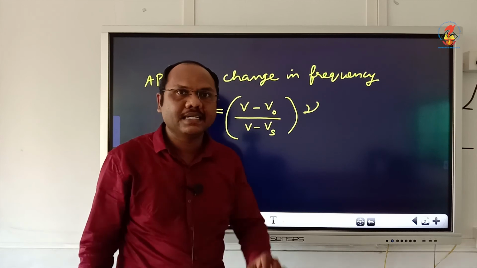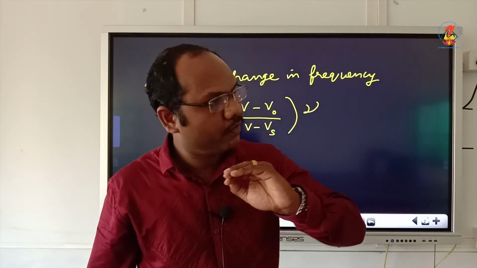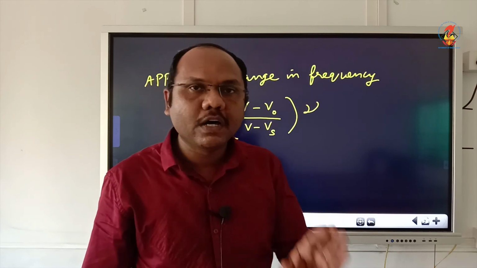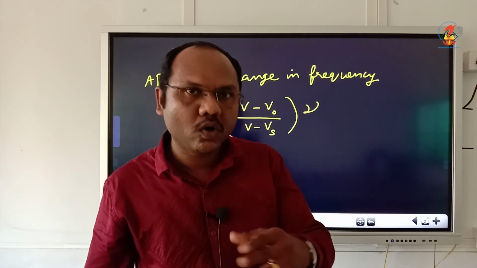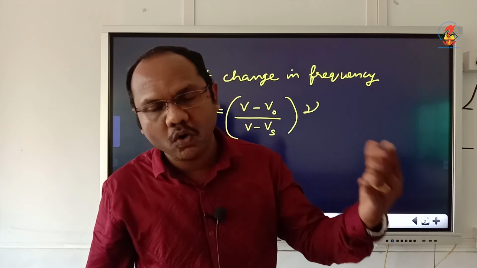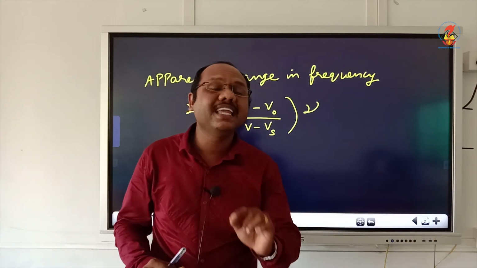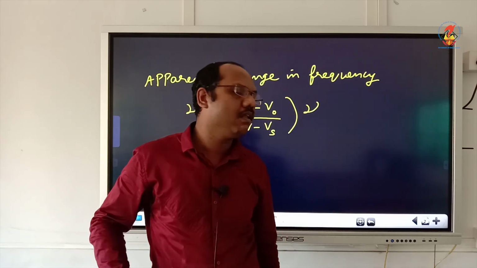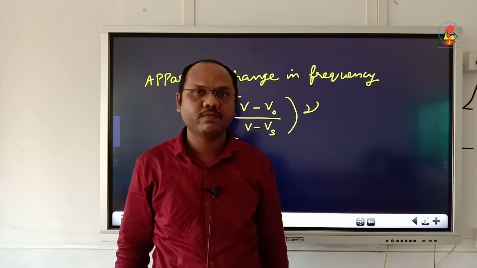We always take the direction of the sound as positive. If the observer or source are moving in the same direction of sound, then VO and Vs will be taken as positive.